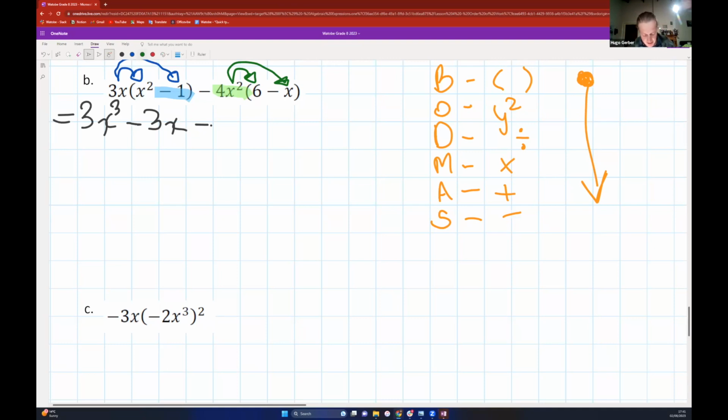Then we will get 4 times 6. What's 4 times 6, guys? 24. Good. Nothing is changing my x, so that remains the same. 24x squared.